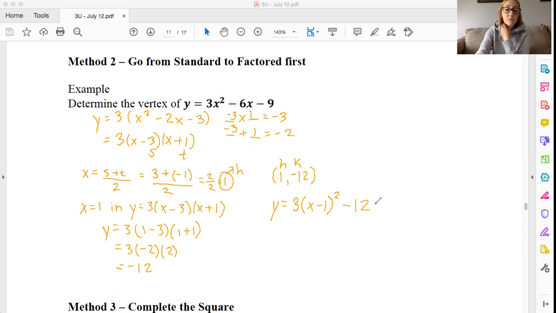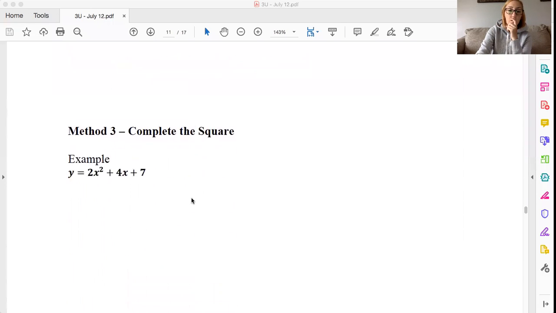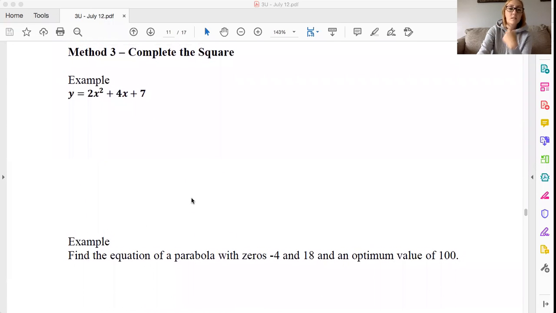Okay, so I'm going to clear that, and we're going to look at the third method, which is completing the square, which we had done either Friday or yesterday. So clearing. Okay, so this is where you can't necessarily have a common factor.